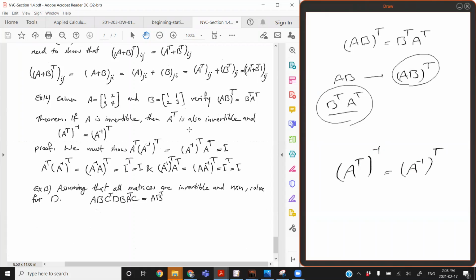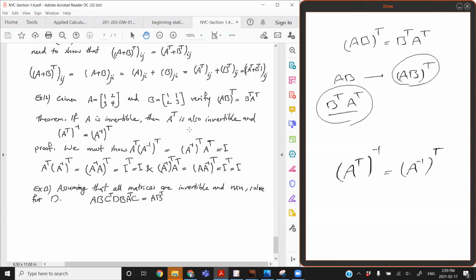So that's what the theorem is saying. It's saying that if you have a matrix that is invertible, then the transpose of that matrix would also be invertible. And then the inverse of the transpose is going to be the transpose of the inverse.